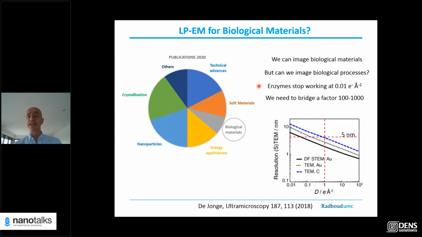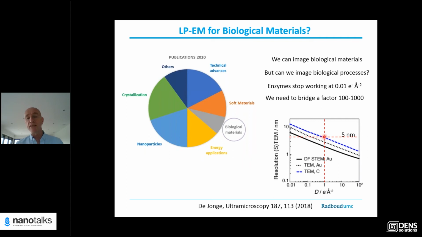We know that enzymes stop to work already at 0.01 electrons per square angstrom. And maybe we can see something at this electron dose, but then still we want to make movies of these processes. And so far, if we look at the work of Niels de Jonge, Niels predicts that at a total dose of 1 electron per square angstrom, we would be able to see a carbon-based object of about 5 nanometers.